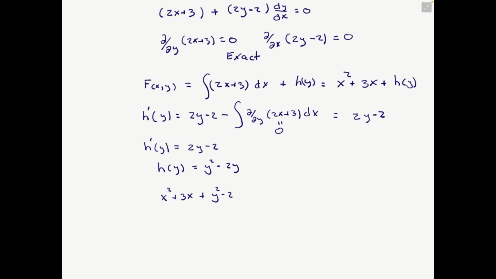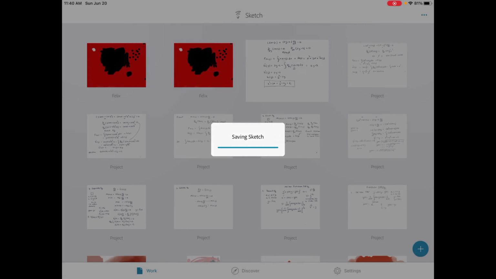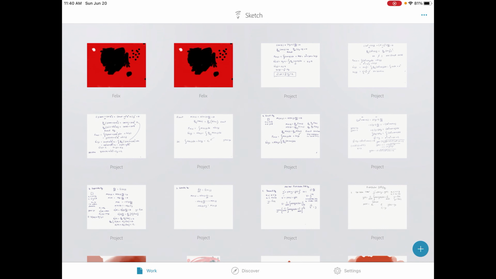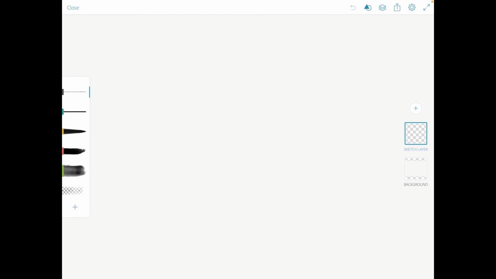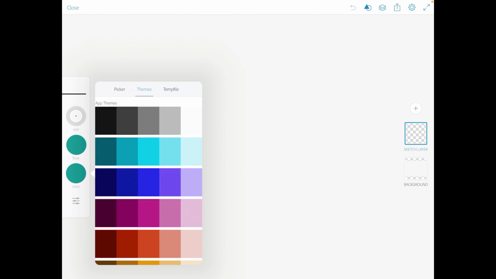So we have h prime of y is equal to 2y minus 2. So h of y is equal to y squared minus 2y. And our solution then is x squared plus 3x plus y squared minus 2y equal to a constant. And that's our solution there.